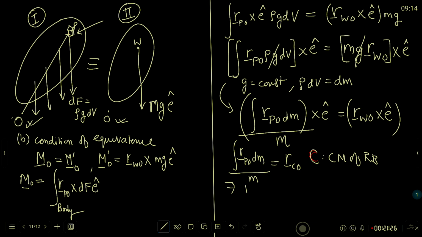So I have r_CO cross E equals r_WO cross E. Based on this equation, I conclude that the position W is nothing but the same as the center of mass of RB.